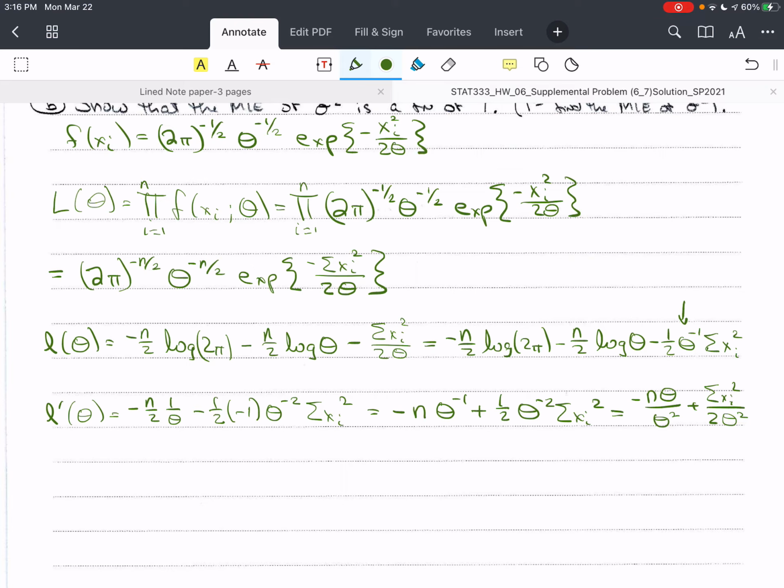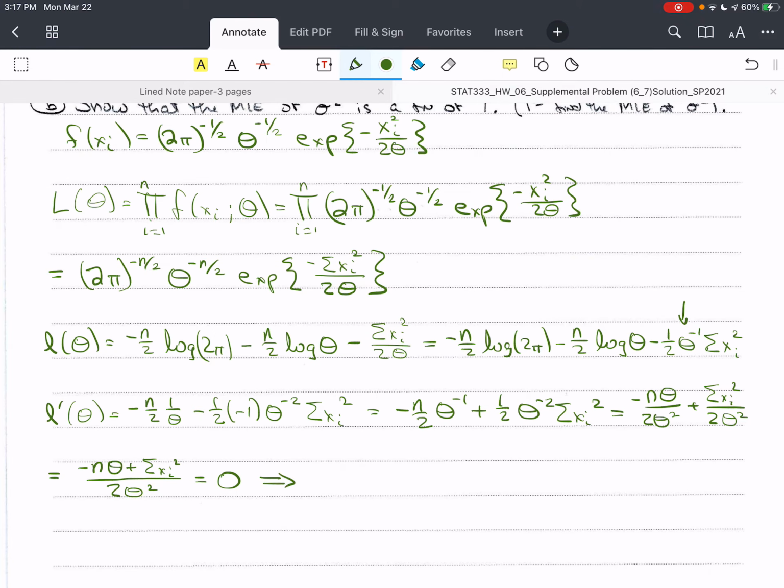So somewhere I missed my 1/2. This is a negative n over 2. Yeah, so there's a 2. So negative n theta over 2 theta squared. Okay, good. And so this is equal to negative n theta plus sum of xi squared over 2 theta squared is equal to 0.